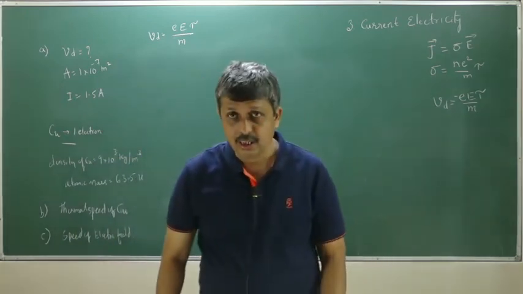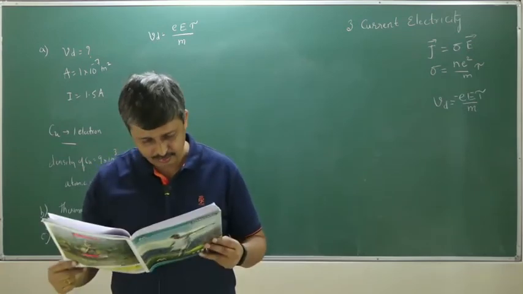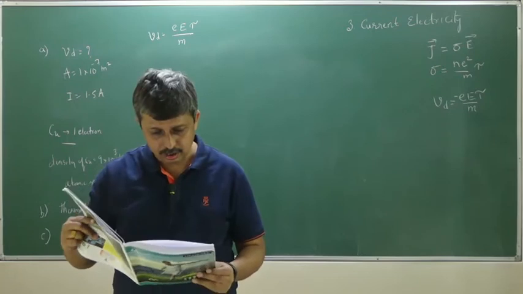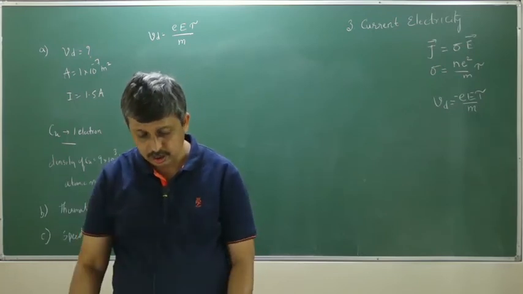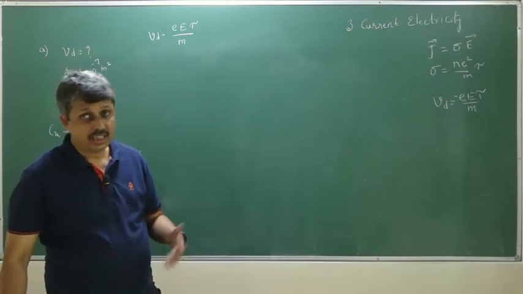But there is also another way of looking at drift velocity: from the current you can come back to drift velocity. So current is what?